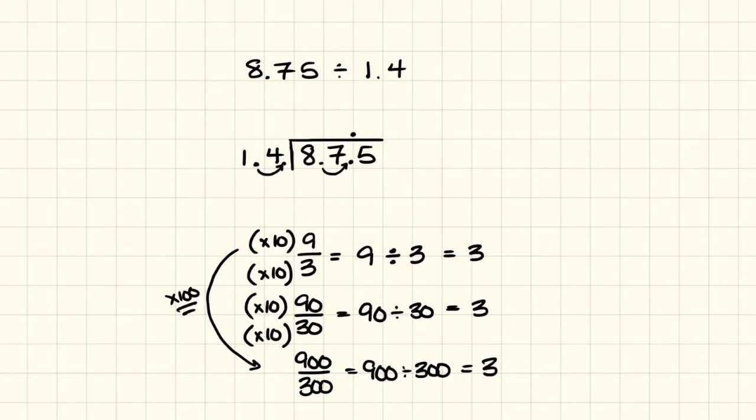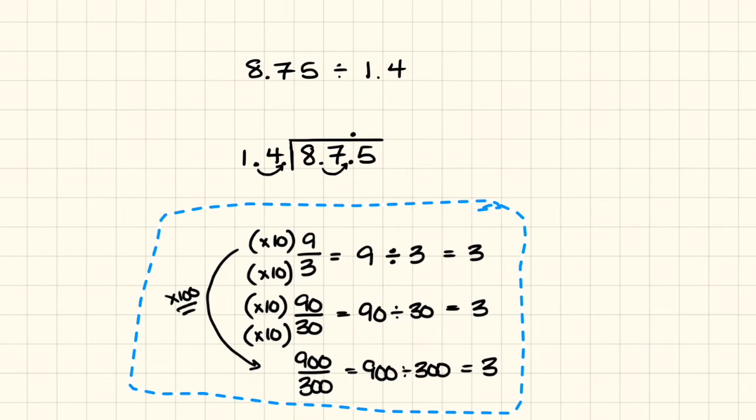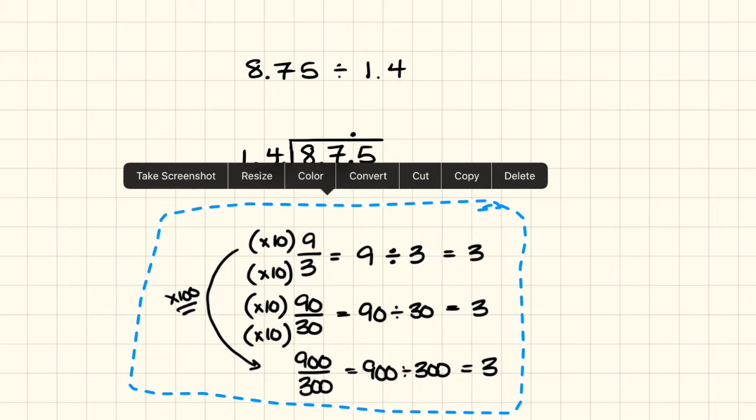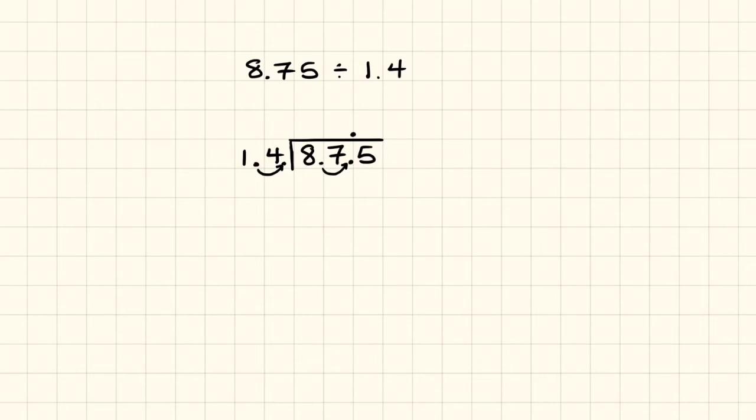So in order to get a good number to work with, I needed to multiply the dividend and the divisor in my original problem by 10, so that now I'm dividing by 14 and not 1 and 4 tenths. It impacts the algorithm part, the actual numbers being used, and they are a little bit different, but it's not going to change the outcome of my answer.